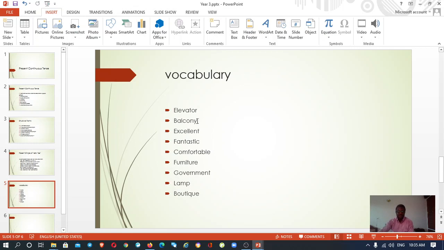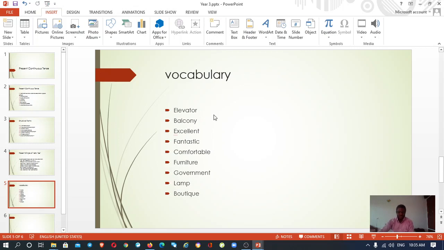Balcony is a place you have in the house where it's attached to the house, especially maybe upstairs. Usually there is a rail where you can place your arms and take fresh air, and have a space for a chair and a table, coffee or whatever.